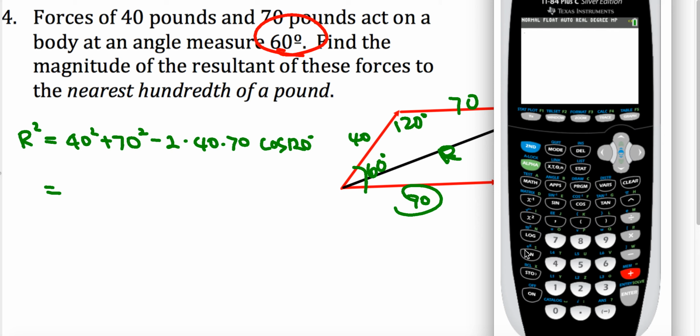40 squared plus 70 squared minus 2 times 40 times 70 times cosine of 120. Then that's what we end up getting, but we have to take the square root of it.